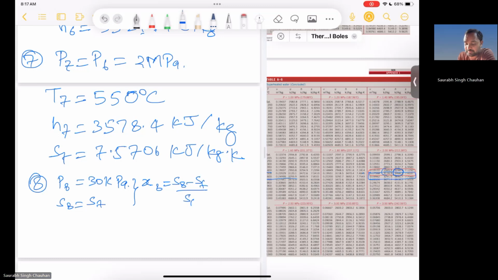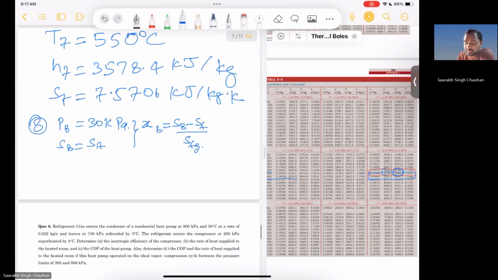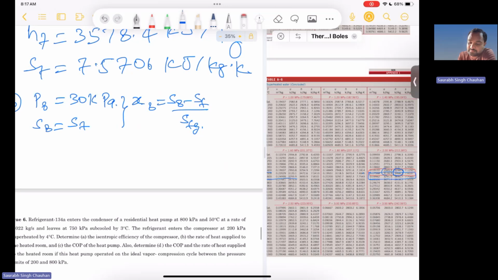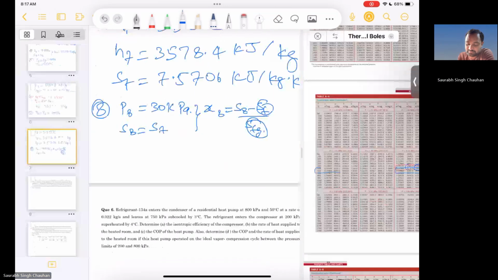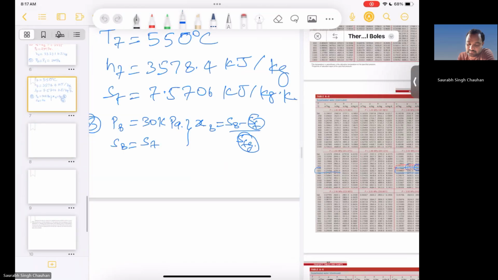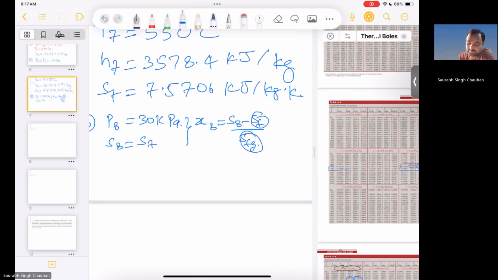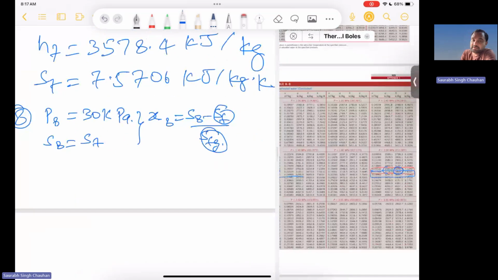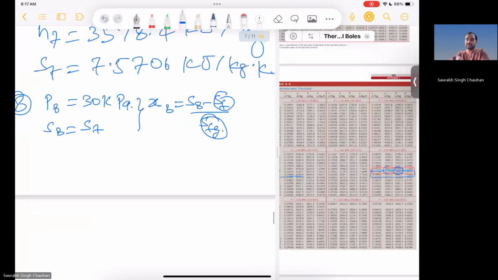If you find these values, you need SF from the table and latent heat from the table. S8 you already have, right? That is equal to S7. If you substitute the values, you will get the steam quality.